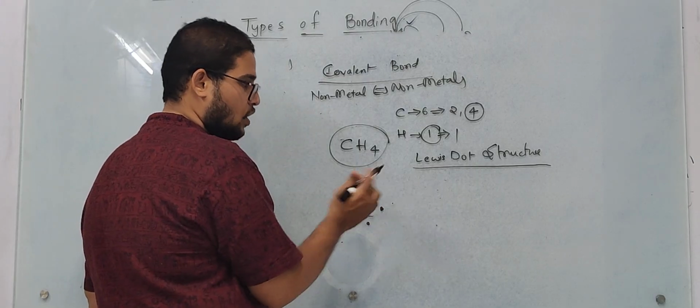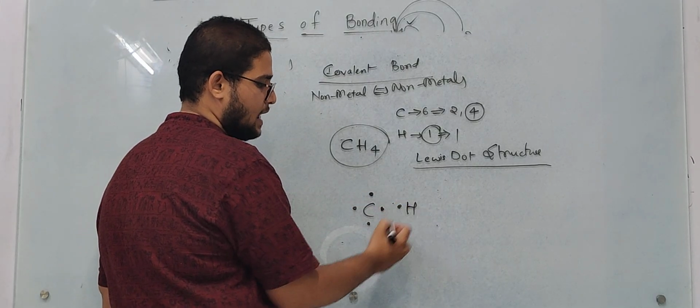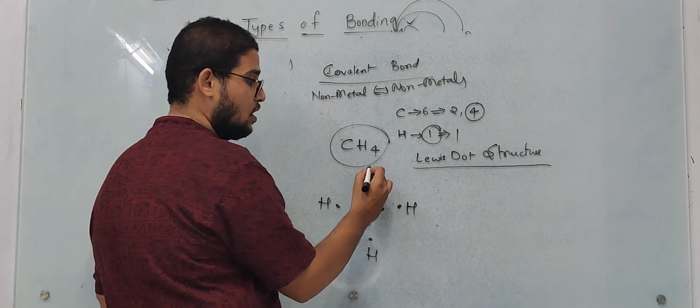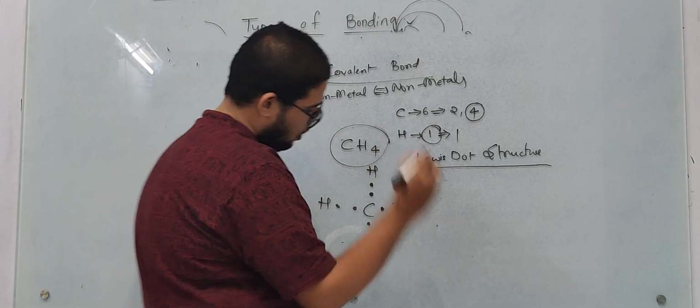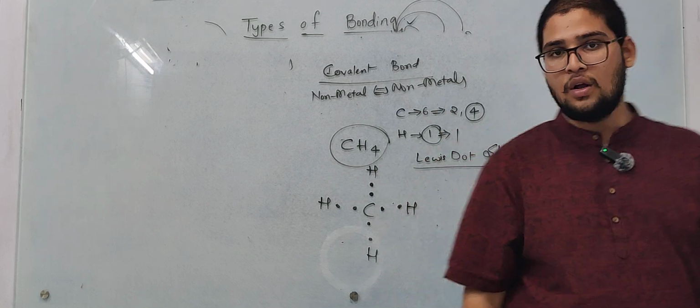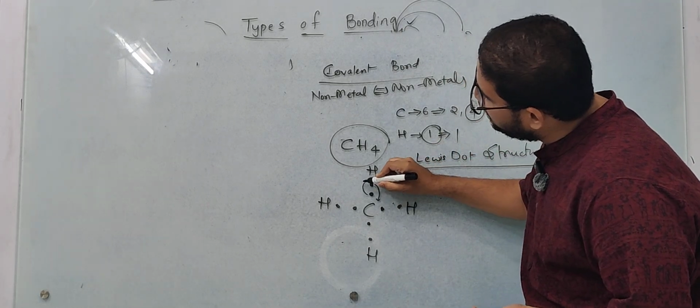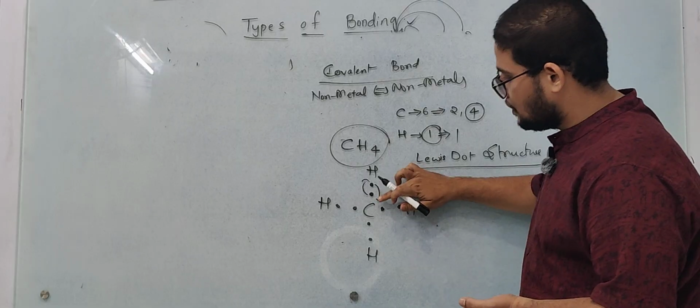So carbon has 4 dots. Each hydrogen has 1 electron. So 4 hydrogens will have 4 electrons. This hydrogen will share its 1 electron with carbon, and carbon will share 1 electron with hydrogen.